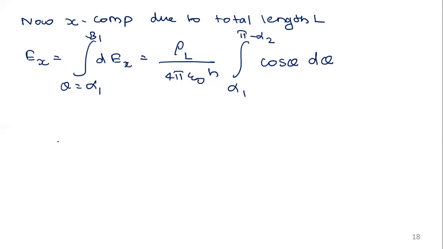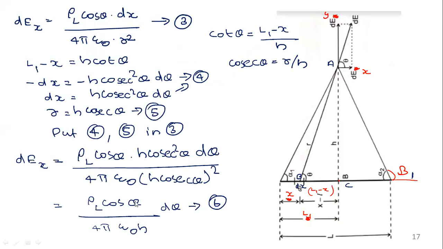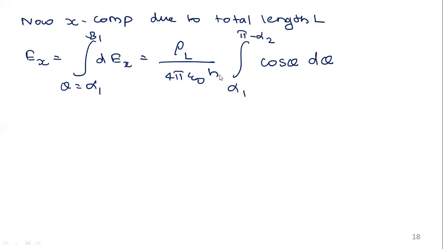If you find any step confusing, just tell me. I think it's clear only. We are just integrating. We had dEx from the previous slide. So we just gave the limits alpha 1 to pi minus alpha 2. So beta 1 is actually pi minus alpha 2. I'll write that also here. Beta 1 is equal to pi minus alpha 2. So rho L by 4 pi epsilon 0 h, integral alpha 1 to pi minus alpha 2 of cos theta d theta.